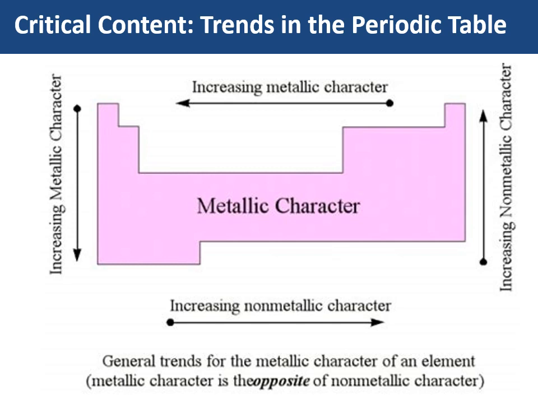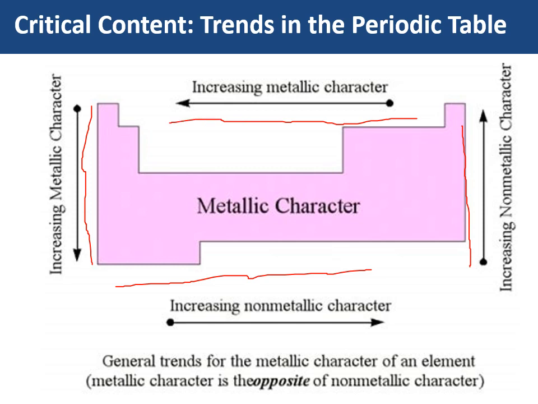Dito, simula taas, pababa on our left side, it has increasing metallic character. Okay? Simula naman left side, papunta ng right side, it has increasing non-metallic character. And simula baba, pataas, it has increasing non-metallic character. At simula kanan, papunta sa left side, it has increasing metallic character. So, bakit nagkaganon? Medyo magulo ba?